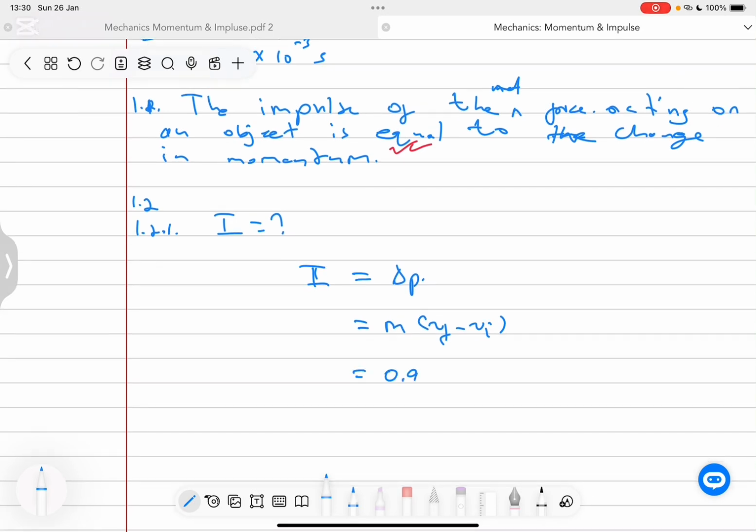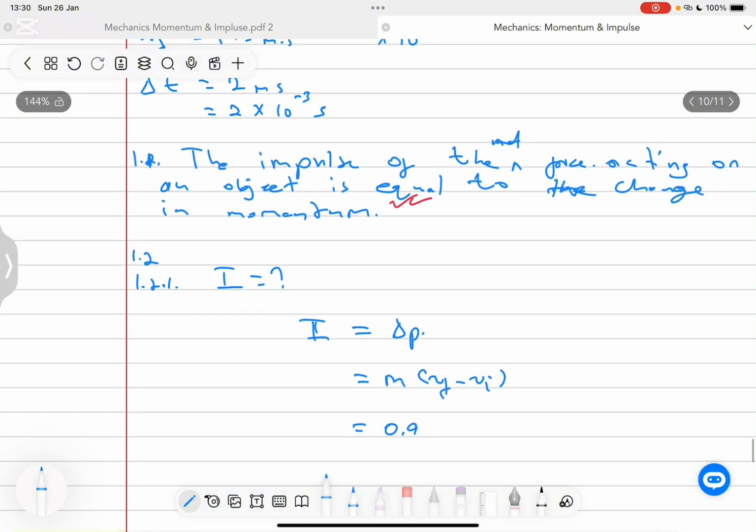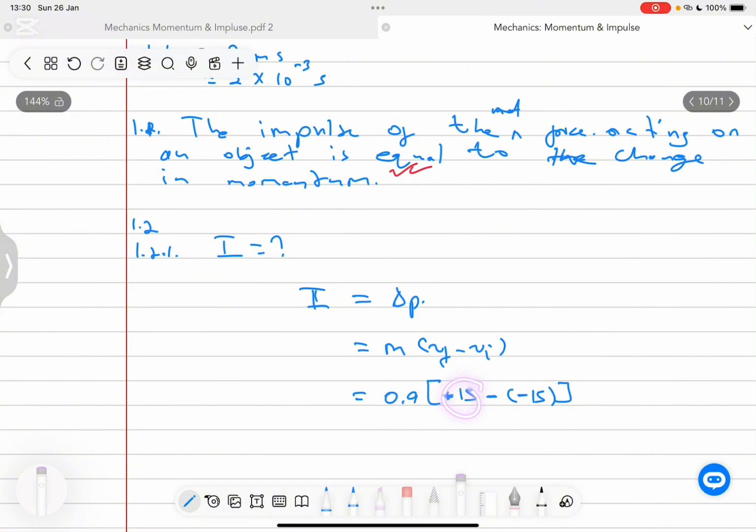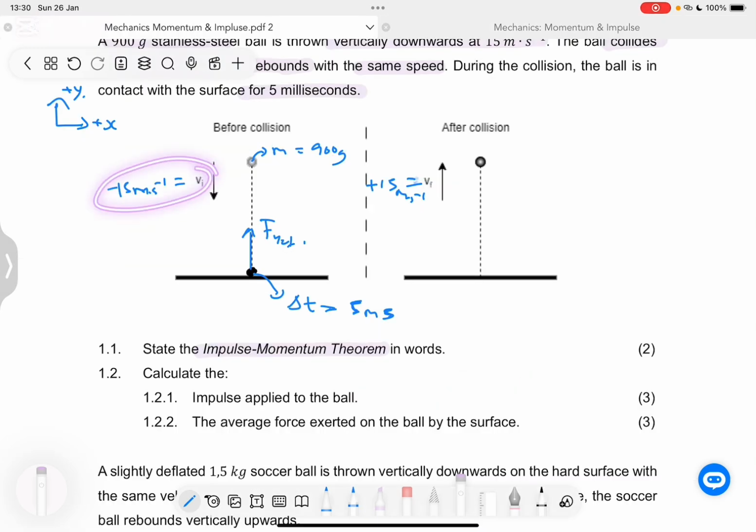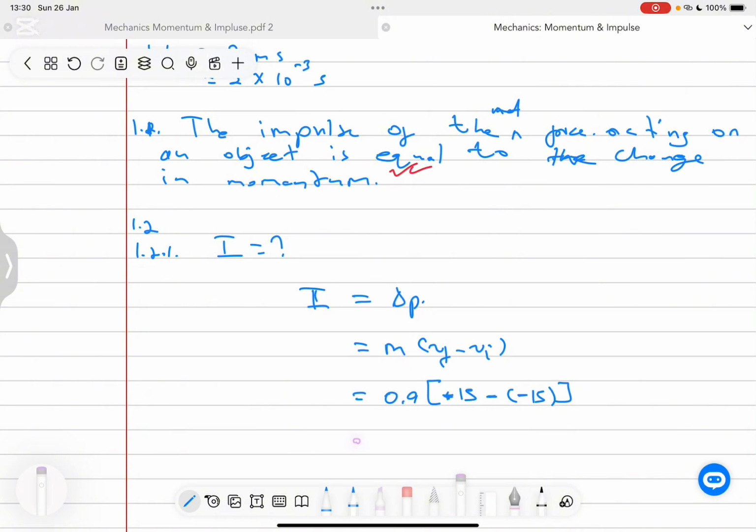And now I can substitute my mass of 0.9, and the final velocity is here a positive 15 and our initial velocity is minus 15, right? So here it means I need to use square brackets because I have a bracket inside there. So what are we saying here? We have the final velocity of positive 15 is this one here. Then we have this minus which is going to come here. Then we said our initial velocity is negative 15 because we chose down as negative.